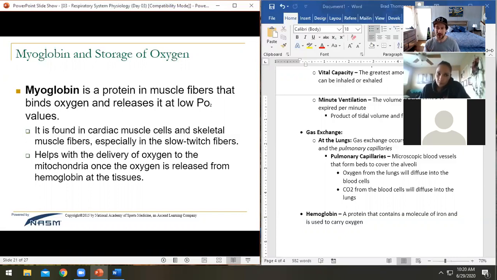So when you are having a panic attack, what helps with that is breathing into a paper bag, right? So you breathe into the paper bag and all the CO2 that you do exhale leaves your lungs, but it gets trapped in that bag. And then you inhale from the paper bag and you reintroduce all that CO2.